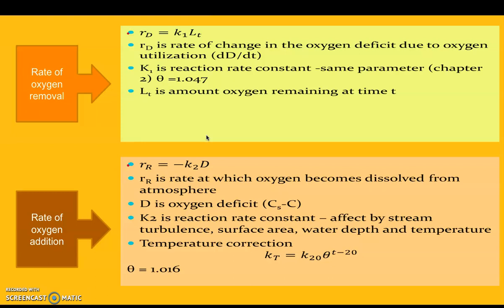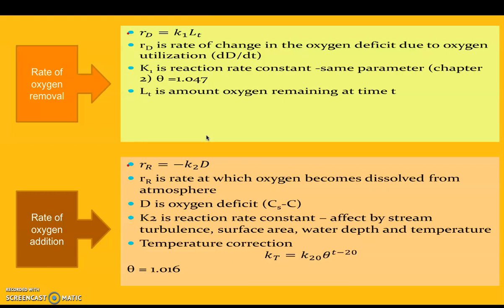The first one describes the rate of oxygen removal, the second describes the rate of oxygen addition, and the final one is the model that describes the oxygen sag curve, where we will use the Streeter and Phelps model for the description of oxygen depletion in the oxygen sag curve. Now we go to the first model, which is the rate of oxygen removal.